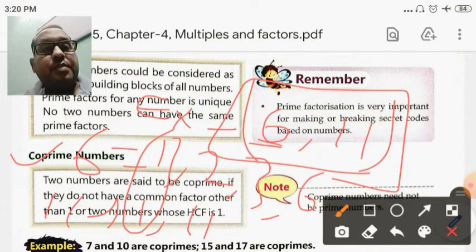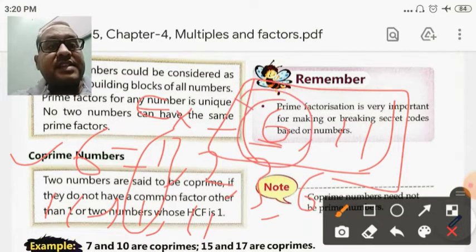But here we see that 6 is not a prime number; 11 is a prime number, but 6 is not. So when we are writing co-prime numbers, it is not necessary that both are prime. Either one can be prime, or both can be prime, or one can be composite.